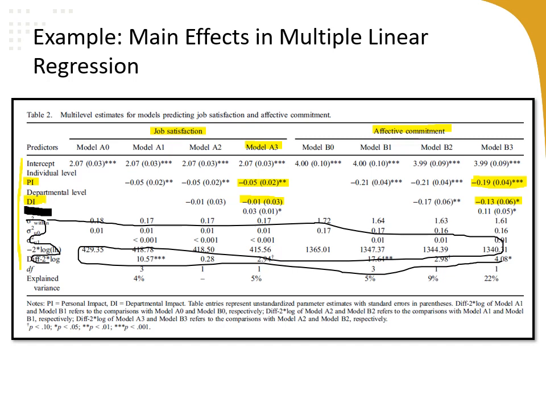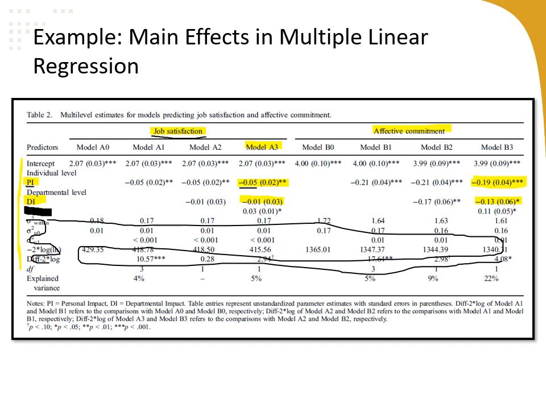So let me break this down for you. This is kind of like the correlation between personal impact and job satisfaction while controlling for the departmental impact, kind of taking that out of the equation. So when we take into account, yes, we know that departmental impact is probably related to personal impact and job satisfaction.